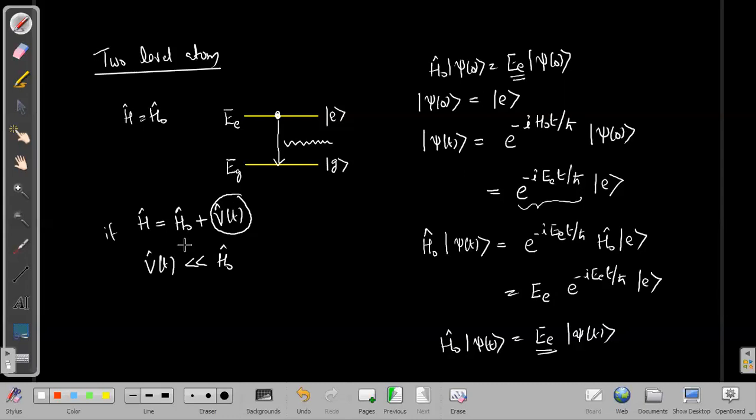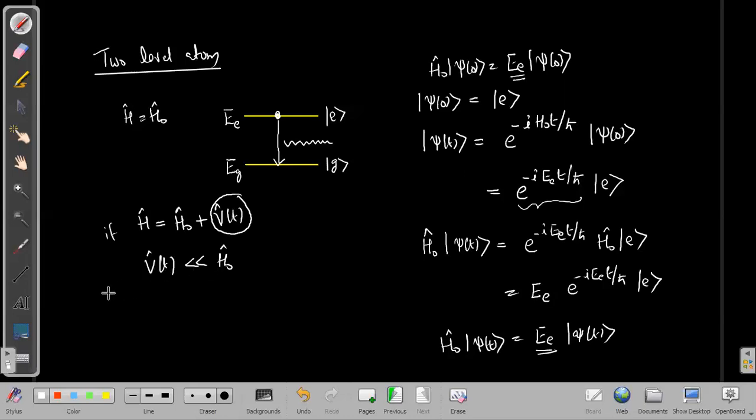It will not make any new possible states. And the second thing is, the presence of perturbation may initiate transition. The system may change from one state to the other.